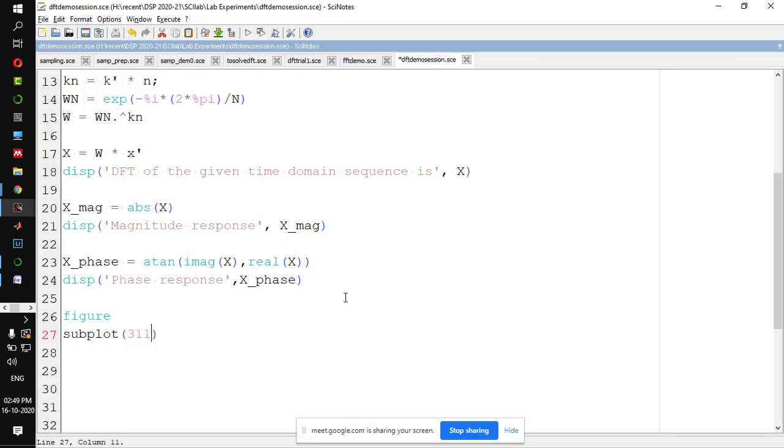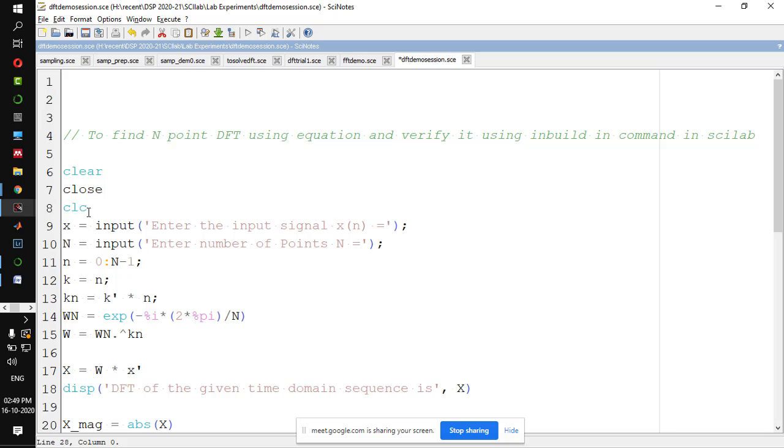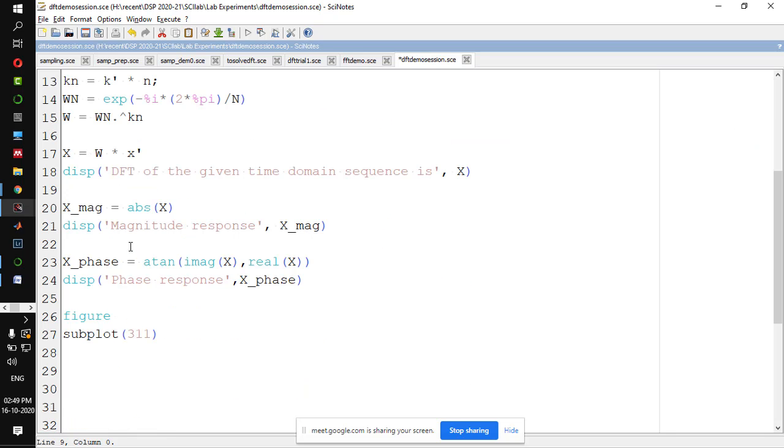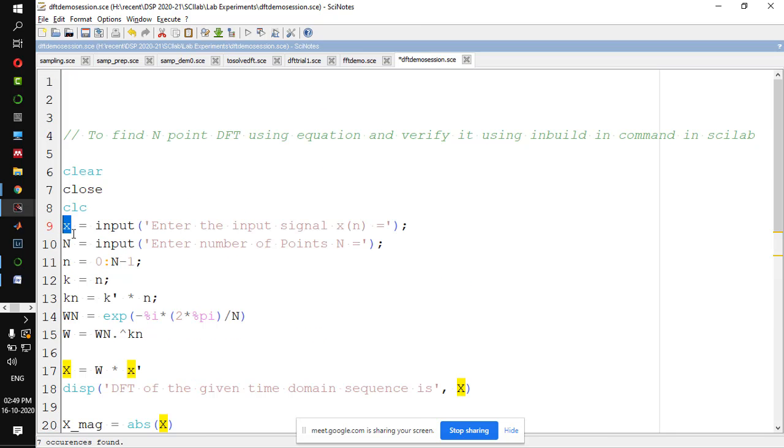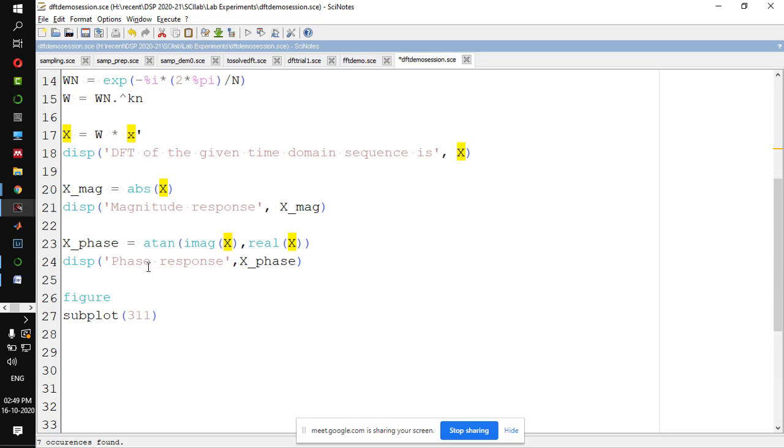In that first figure, I want to plot x of n, which is in the small letter x variable, right? The x-axis is n and the y-axis is x of n. So I plot it with plot2d3. This is the command to plot the samples n comma x. This is plotting the time domain sequence.